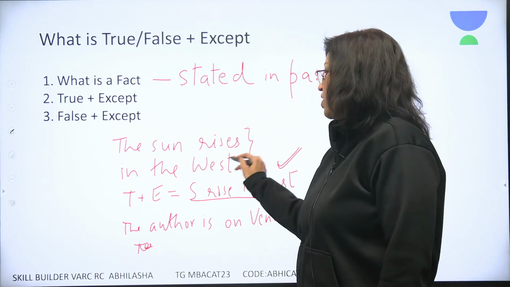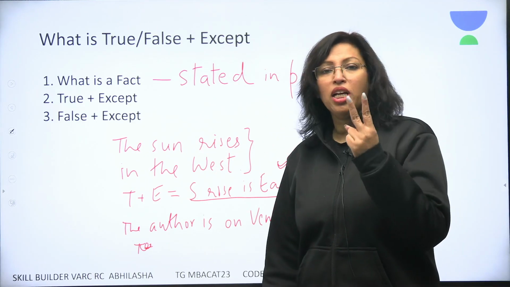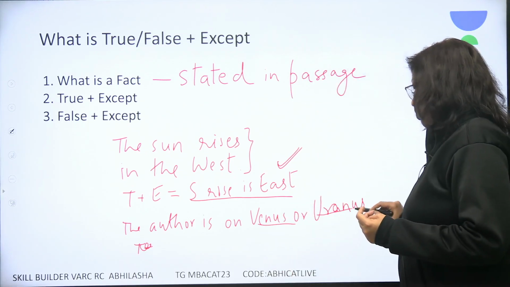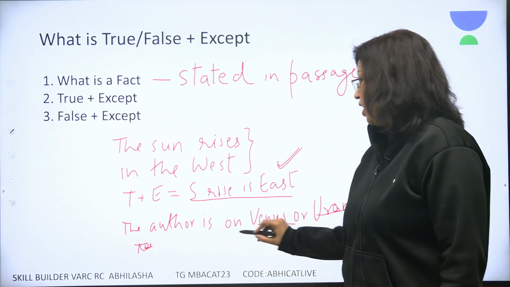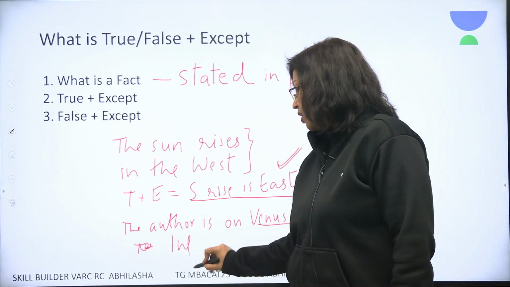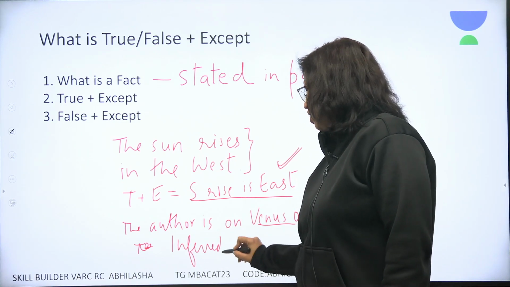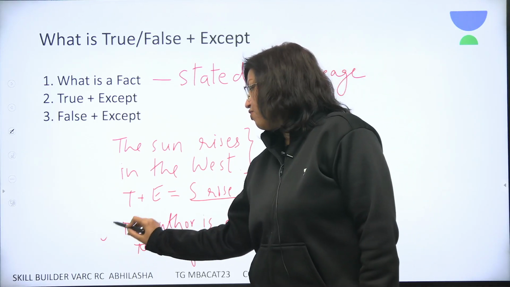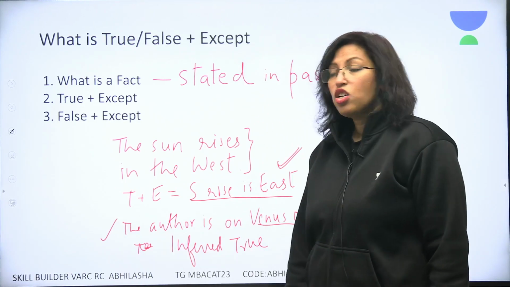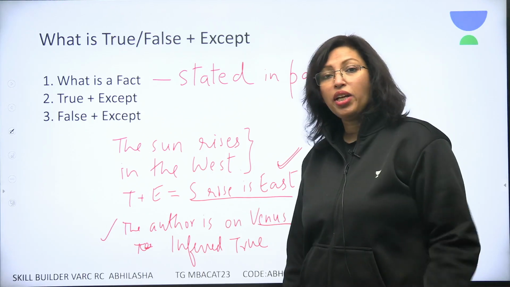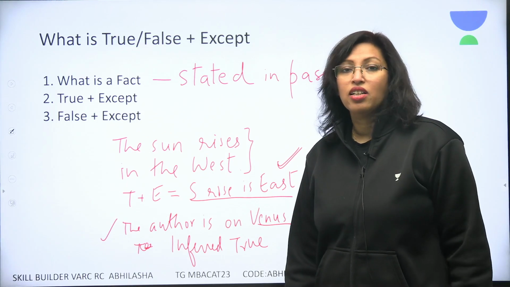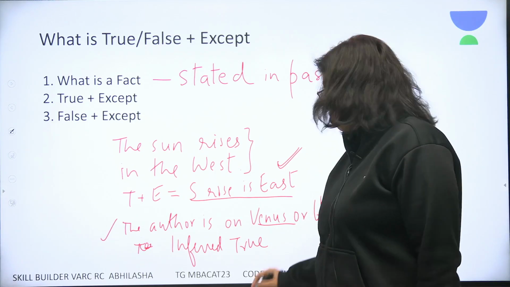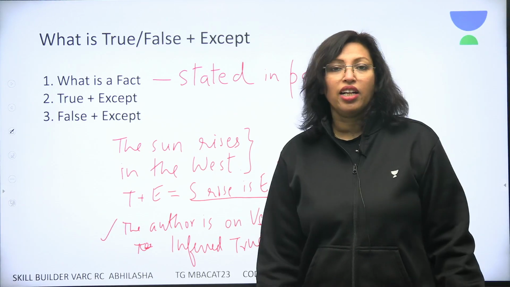Well, see, if the sun rises in the west, then you can only be in two planets on our solar system, and those would be Venus or Uranus. So this can be inferred to be true. So now this statement is something that is inferred to be true. You understand? So therefore, if it is inferred to be true, then it cannot be a true except answer. Okay? Then it would have to be just the true answer. So this cannot be the correct answer in that case.